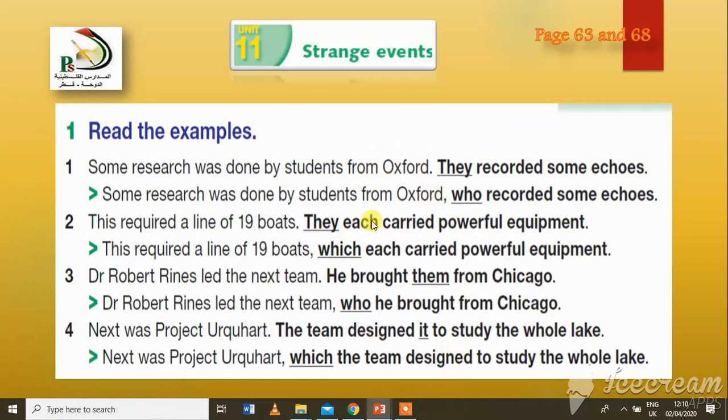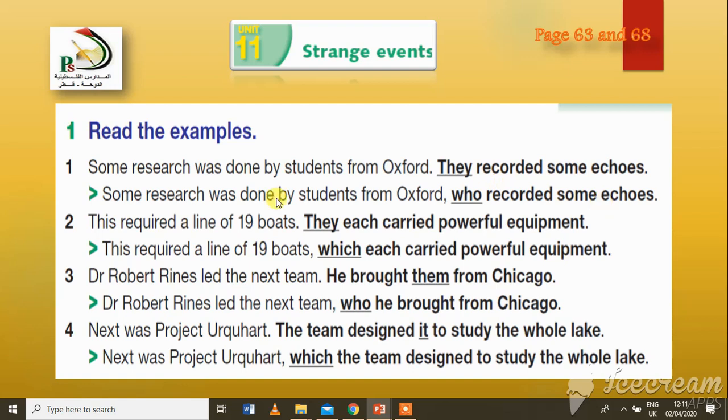Read the examples and mention the non-defining relative clauses and the relative pronouns. Pause the video here. Number 1. Some research was done by students from Oxford. They recorded some echoes.